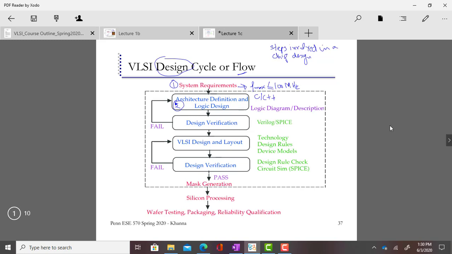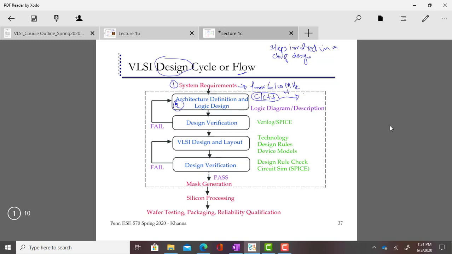For example, this may be an FIR filter. I think you have taken a digital signal processing course, so maybe you have a code for an FIR filter, and you want to design a chip for implementing this FIR filter. So your starting point may be C or C++.